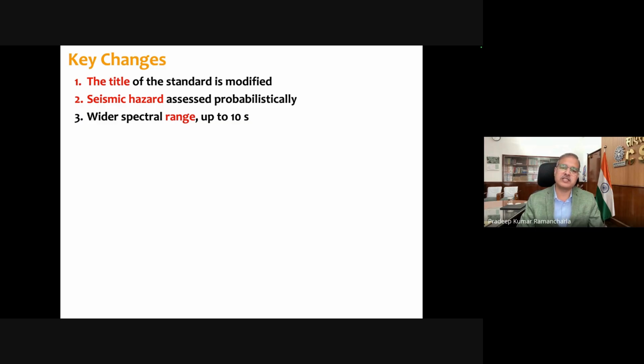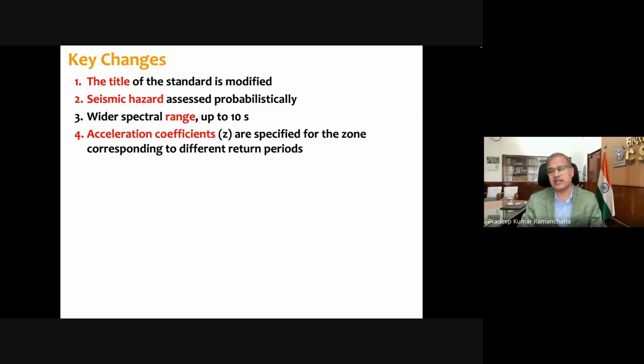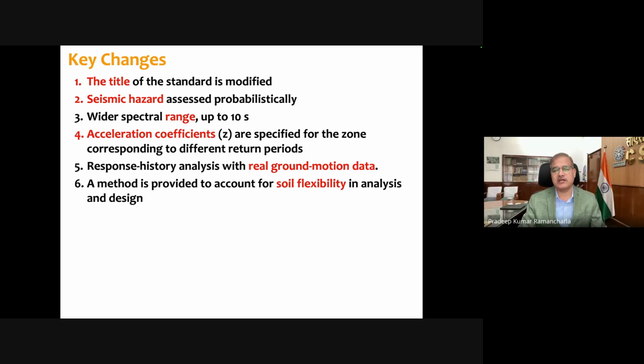Then the spectrum has been increased up to the range of 10 seconds. Another is that acceleration coefficients are specified for zones, and response history analysis with real ground motion data. A method is given for the first time to account for soil flexibility in analysis and design.